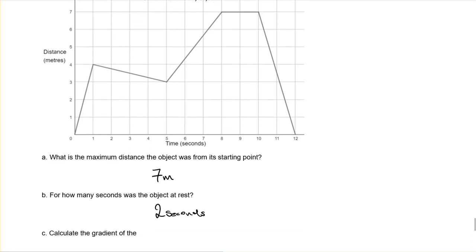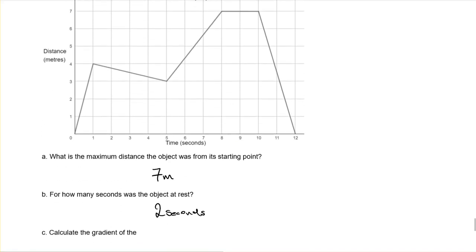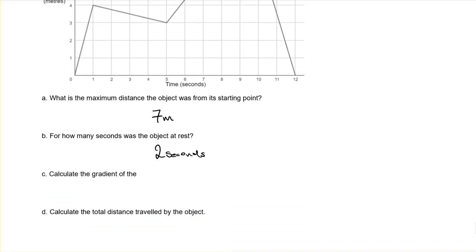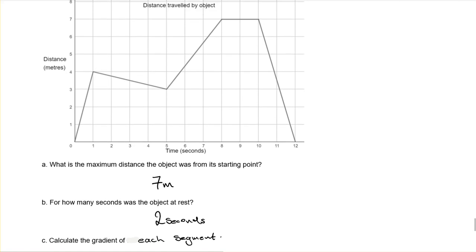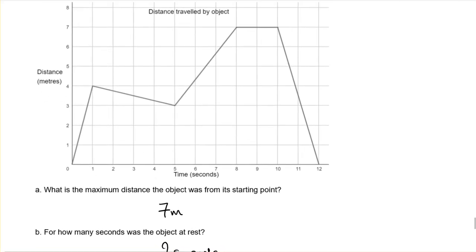Okay, calculate the gradient of, should say, each segment. Okay, so we're going to break this up into different segments.